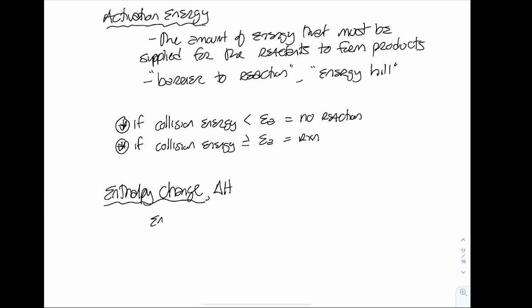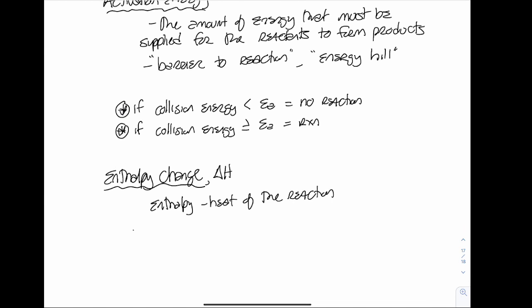Remember, enthalpy was the heat of our reaction. So if we have a negative value for delta H, what that means is that my final enthalpy is less than initial.